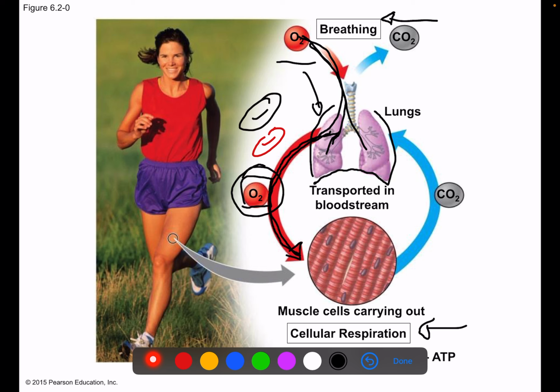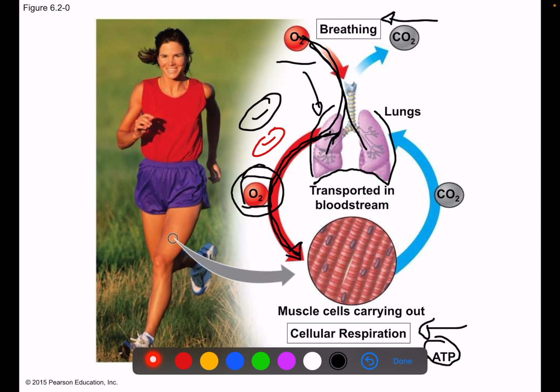So we're going to talk about something called aerobic respiration. Aerobic implies that air is present, and the air that we're interested in, of course, is oxygen. So that's breathing. What we want to do is go inside of a muscle cell and see how that cell is taking in glucose and oxygen and using it in what we call cell respiration, again, to produce ATP.